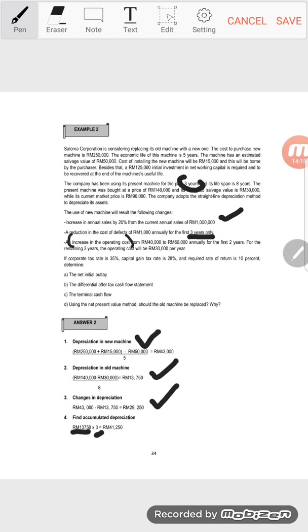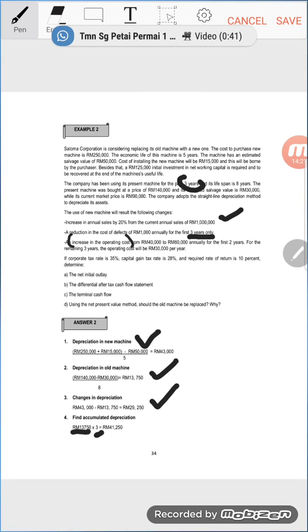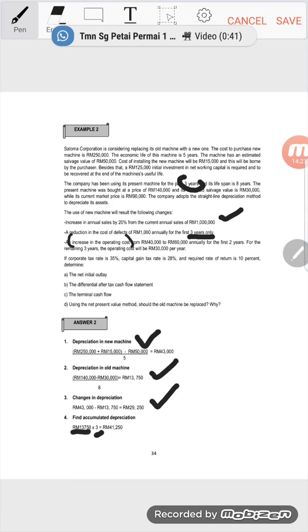The increment is 20,000, because from 40,000 to 60,000, the increase is 20,000. So this 20,000 increase in operating cost is for the first 2 years only. Meaning year 1 and year 2.